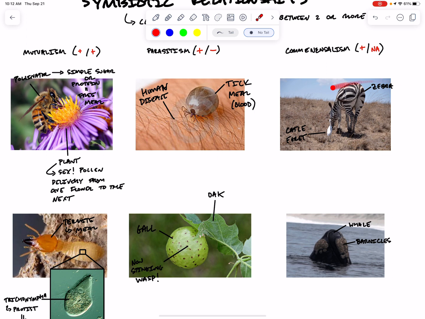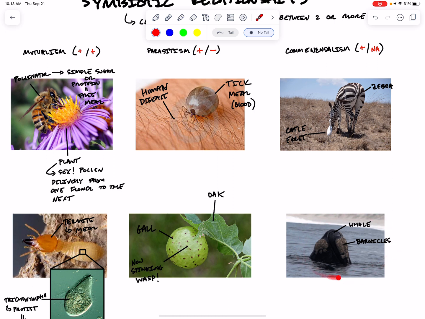For example, with the cattle egret and the zebra, we might say that the zebra is unaffected, but you could also say that the cattle egret is eating bugs that would otherwise be biting the zebra. So maybe this is a slight positive relationship for the zebra. Maybe this commensalistic relationship is actually mutualism in disguise.